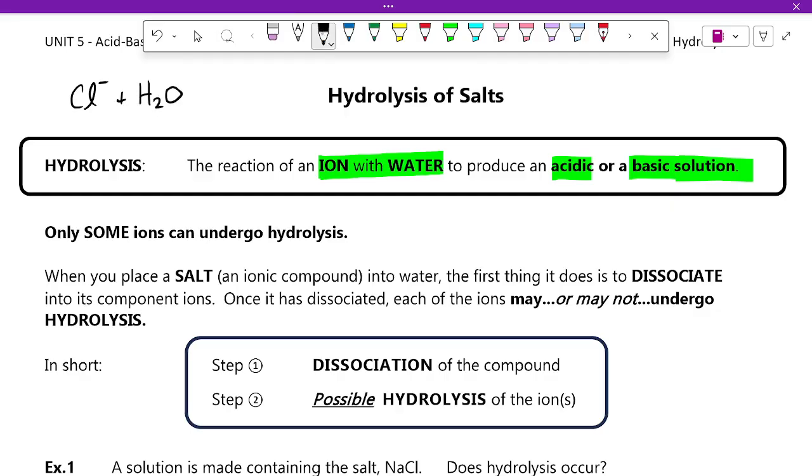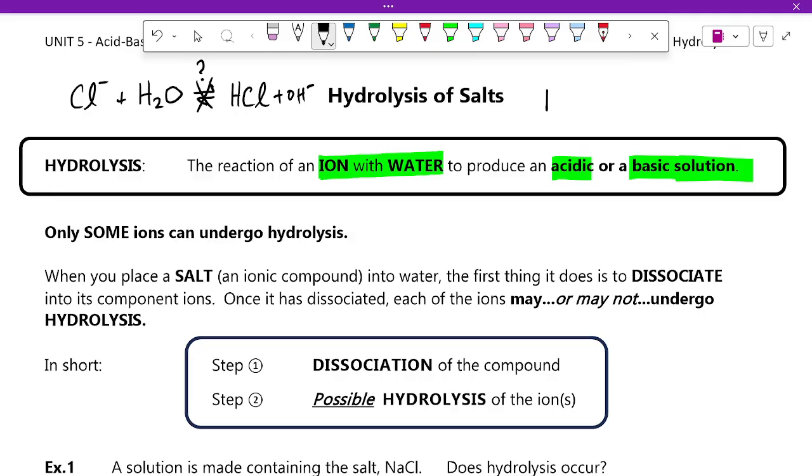Is that possible? Is that a possibility? No, because we would get, what would we get? HCl. No. So some ions cannot undergo hydrolysis.